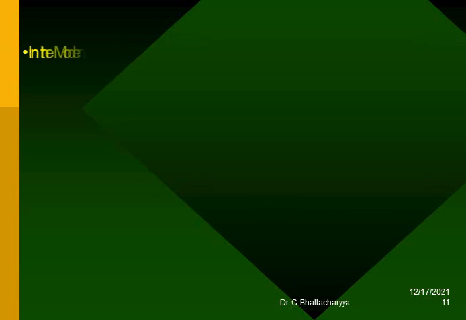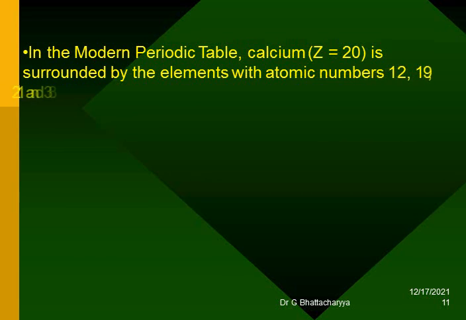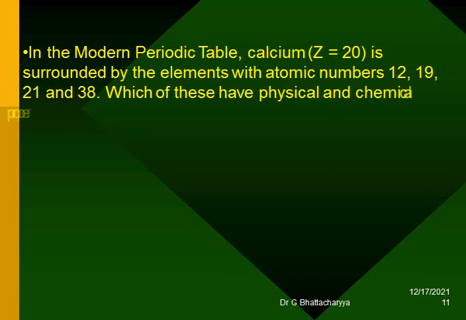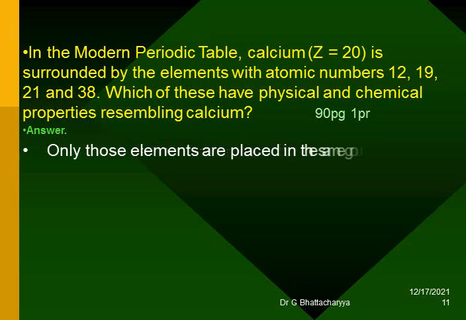In the modern periodic table, calcium, Z equals 20, is surrounded by the elements with atomic numbers 12, 19, 21 and 38. Which of these have physical and chemical properties resembling calcium? Only those elements are placed in the same group in which gaps of atomic numbers are 8, 18, 32.